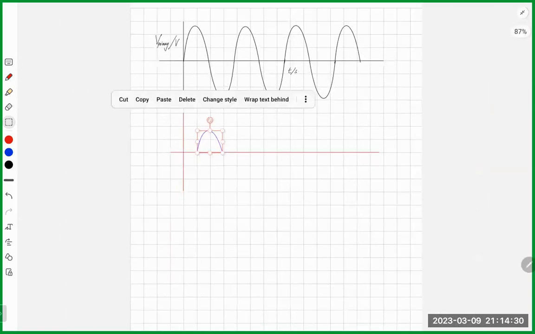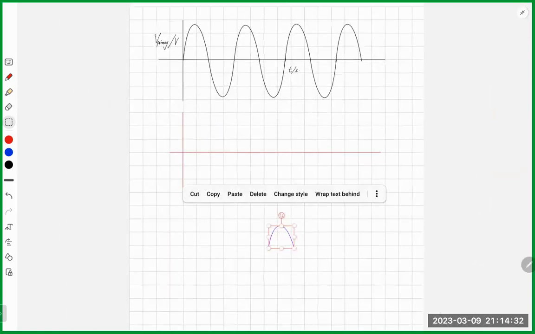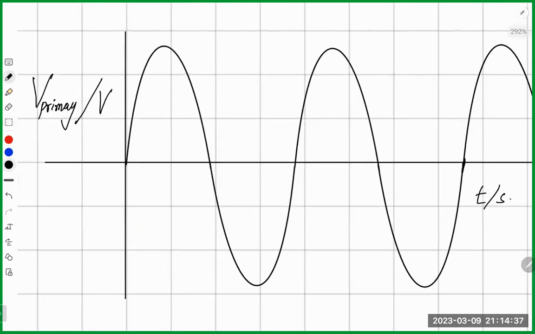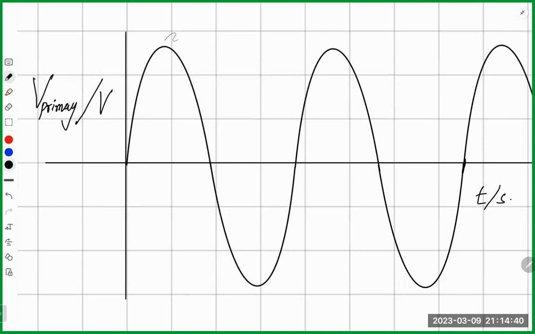Okay, the thing is that rate of change, you can get it from the idea of the gradient. Look, from this part to this part, I'm talking about this is zero because this is one time period. So this will be 1/4 of time period. This is 1/2 of time period. This will be 3/4 of time period, and then that will be one time period. So from 0 to 1/4 of time period, you can see there is an increase in voltage, but rate of change is decreasing.